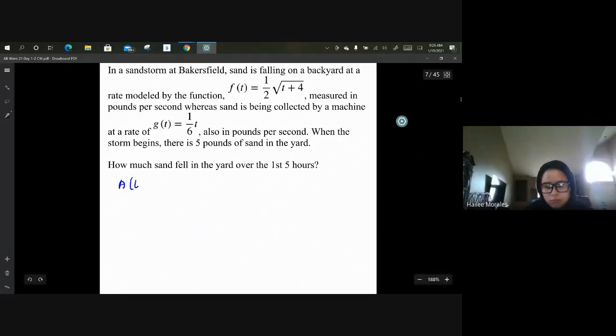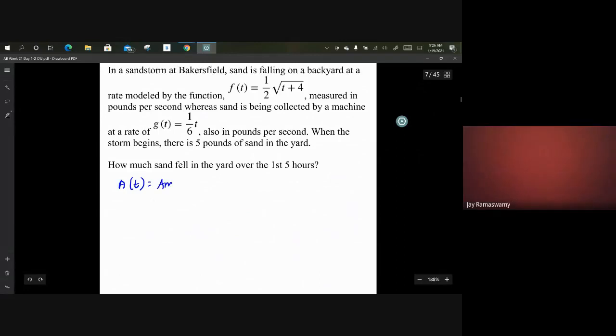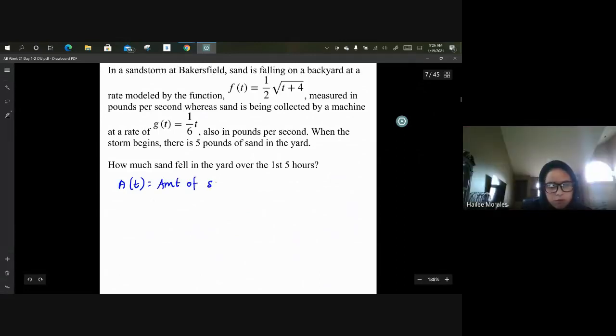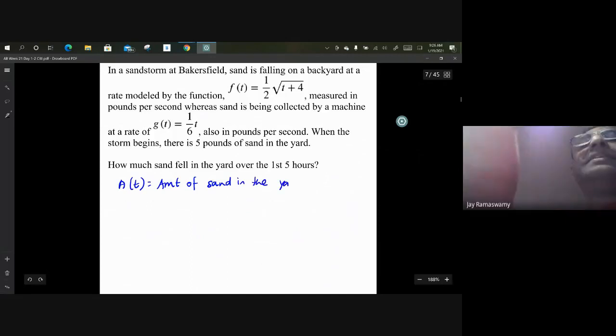Yes. Let A of t be the amount of sand in the yard at time t, in pounds.